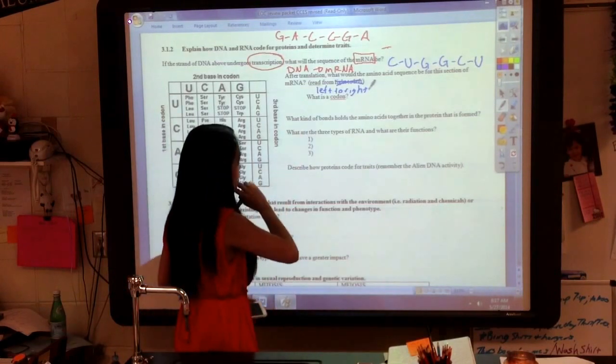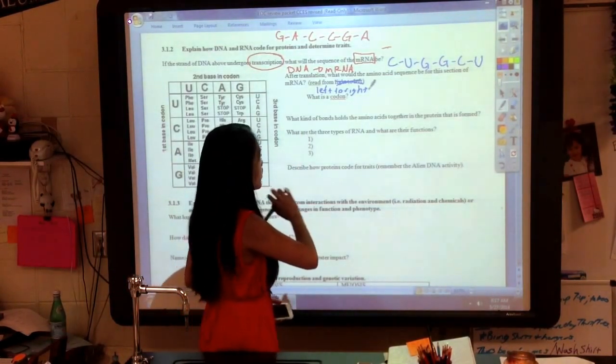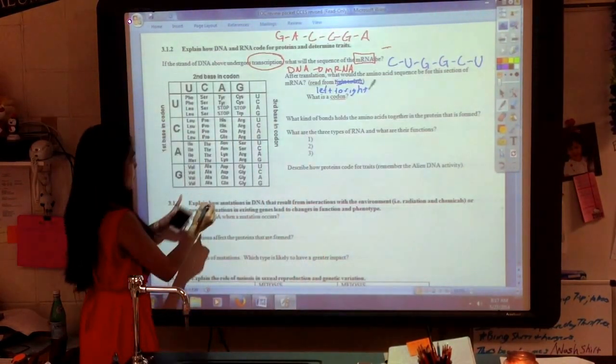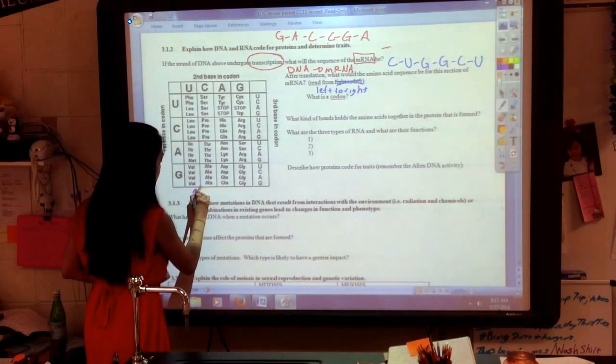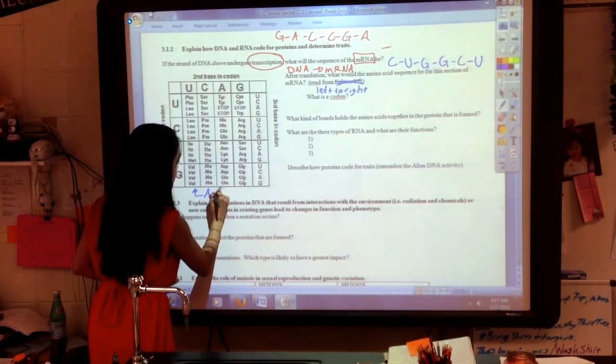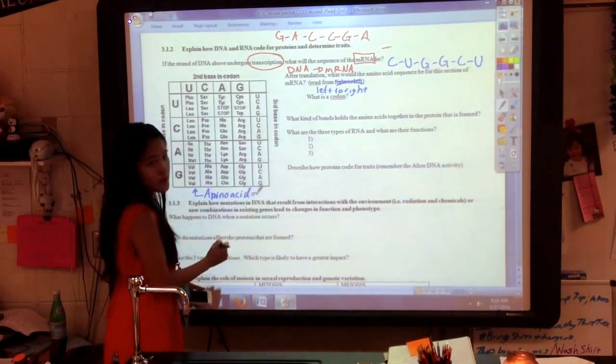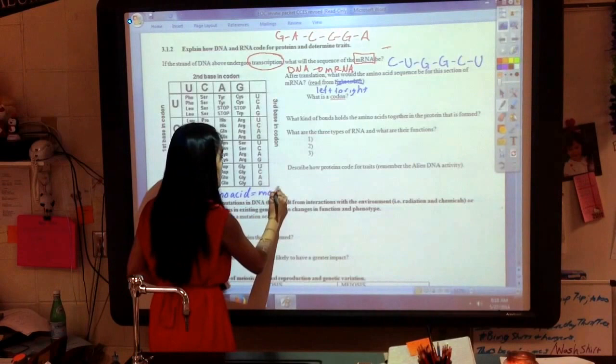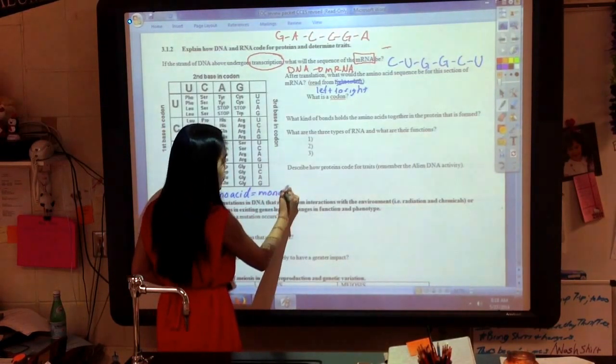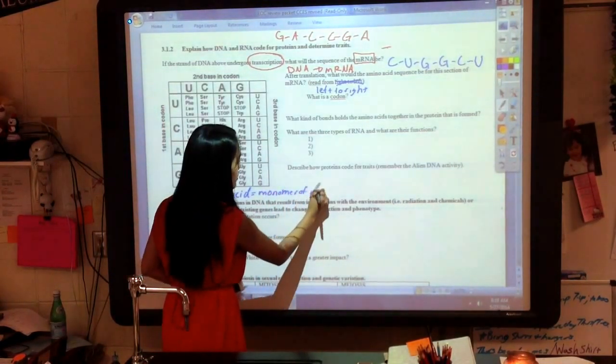So we already have our mRNA. We want to figure out what would our amino acid sequence be. Remember that the words here are the amino acids, which basically is the monomer of proteins.